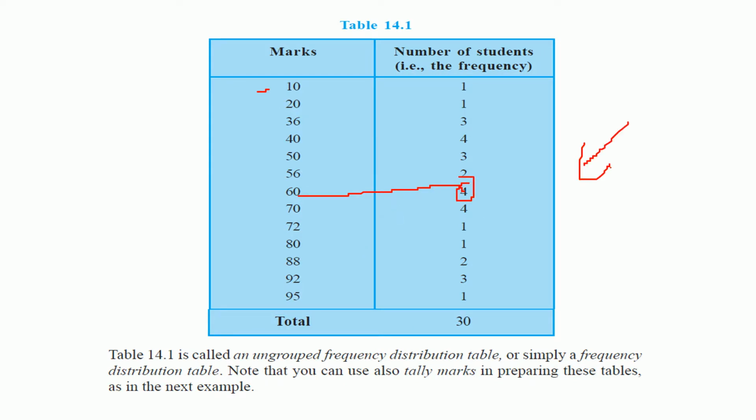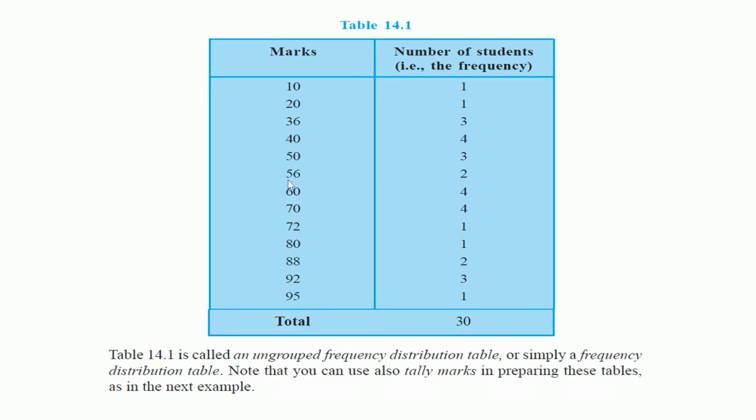This is called an ungrouped frequency distribution table, because we simply write the number and how many students have got that mark. And these are the tally marks used in preparing these tables.